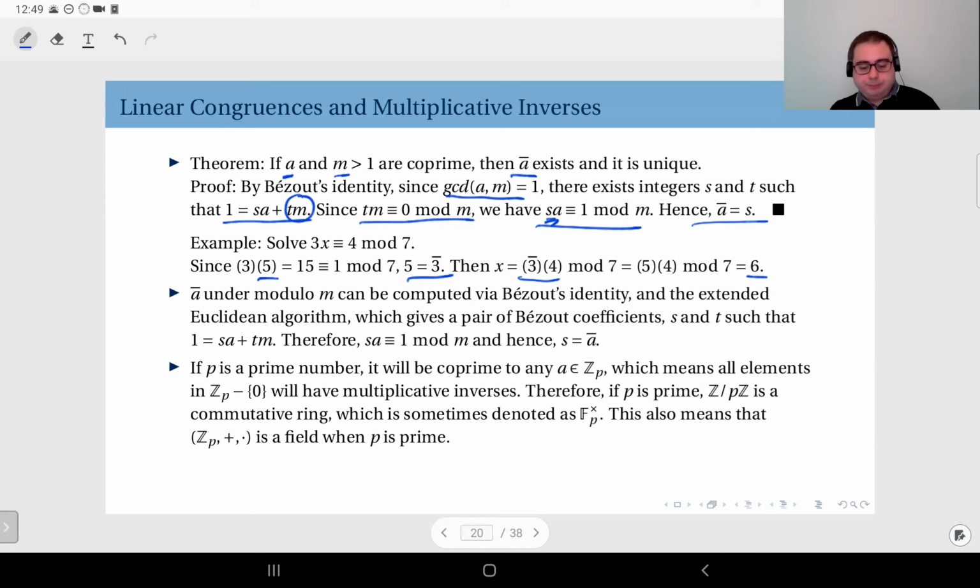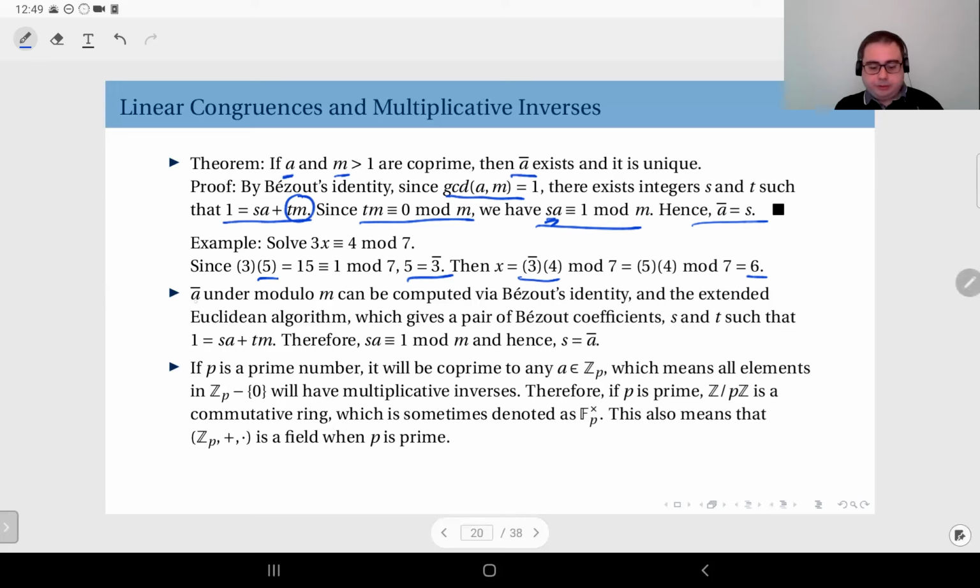Now, here we sort of observed that 3 times 5 is congruent to 1 modulo 7. So how do we find the multiplicative inverse of a number under some modulo arithmetic? You cannot really try everything out.